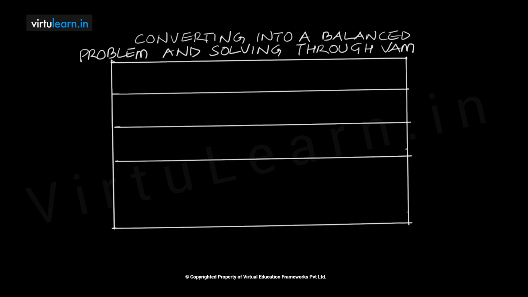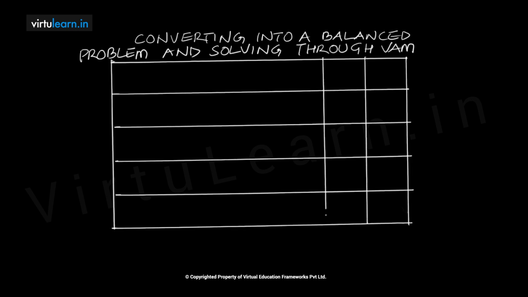In the VAM method, as we have done earlier, we will take row penalties and column penalties. Wherever the highest penalty is occurring, we are going to make allocation in that respective row or column.